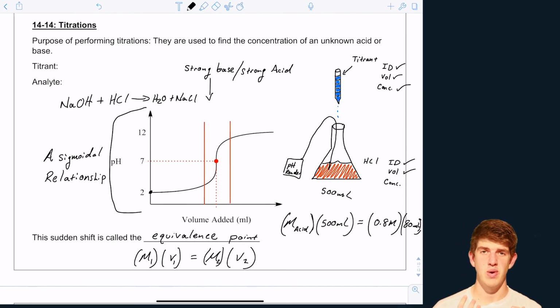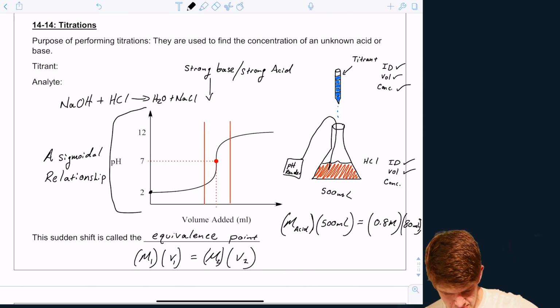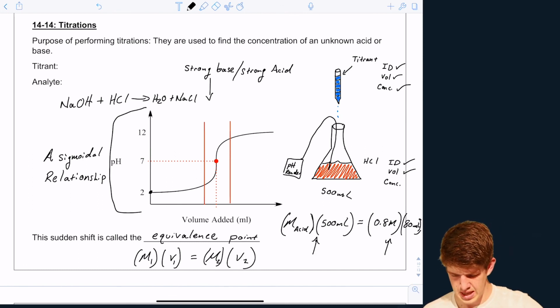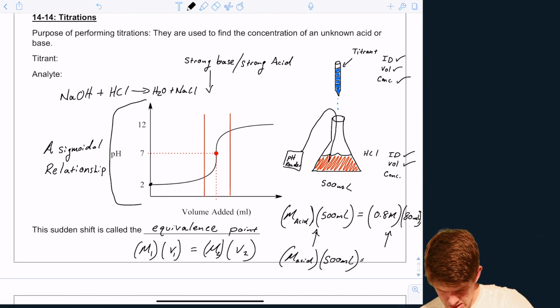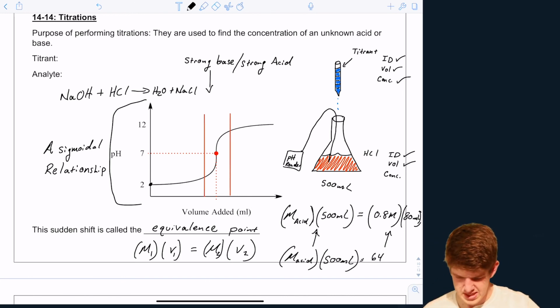Well, we know that the number of moles are going to be equivalent for a monoprotic strong base and strong acid at the neutralization point. So whatever is on this side of the equation must also be on this side of the equation. So my unknown molarity of the acid times 500 milliliters is equal to a value of 64.